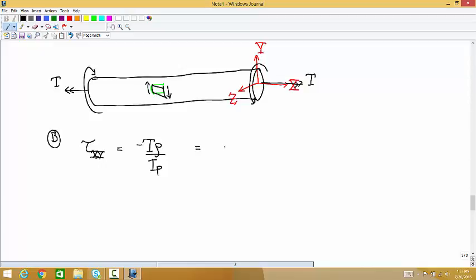And so this is equal to negative 40,000 times 0.05 divided by 9.82 times 10 to the minus 6.